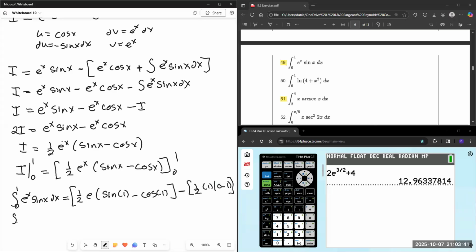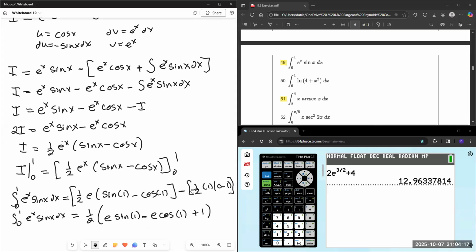So the integral from 0 to 1 of e to the x sine x dx is equal to 1/2 of e sine 1 minus e cosine of 1 plus 1, because -1 times -1 is going to be +1.